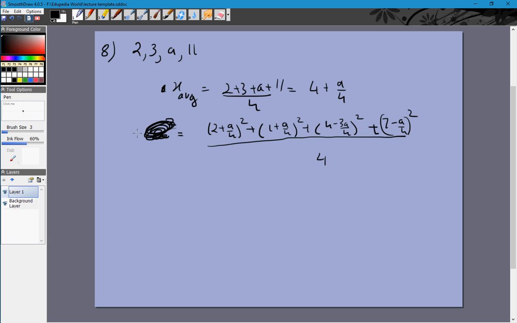Sorry, this is sigma squared. Sigma squared is given to be 3.5 whole squared. 3.5 is 7 by 2, so this is 49 by 4.